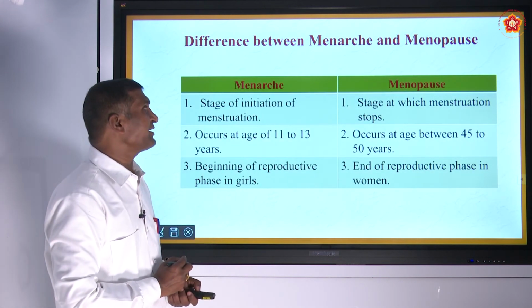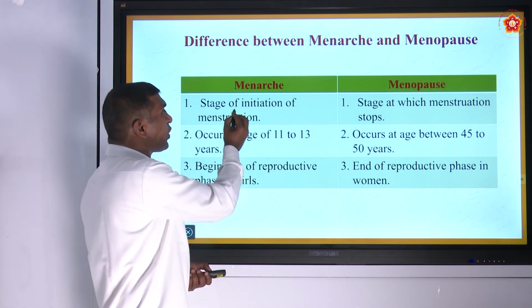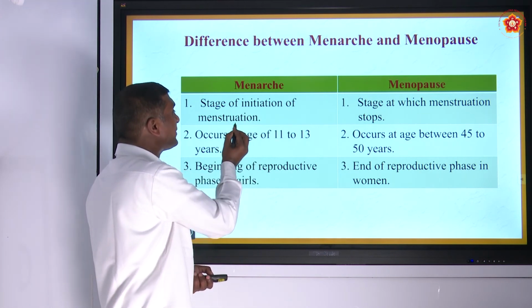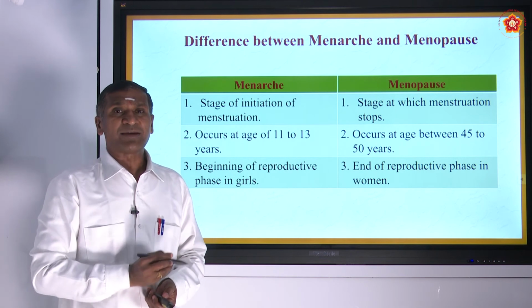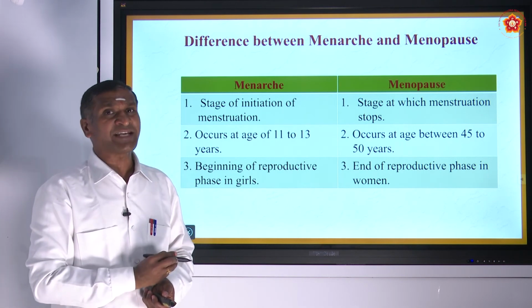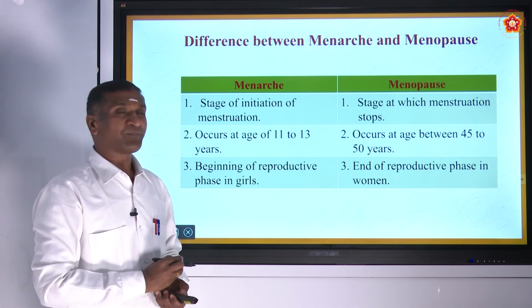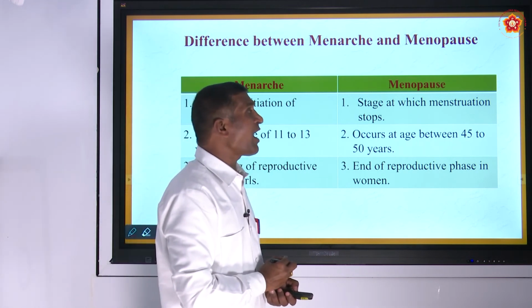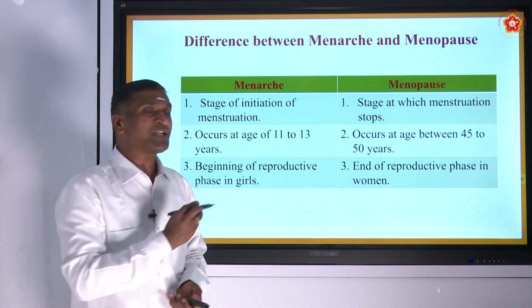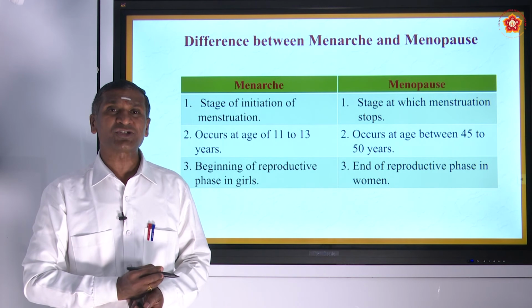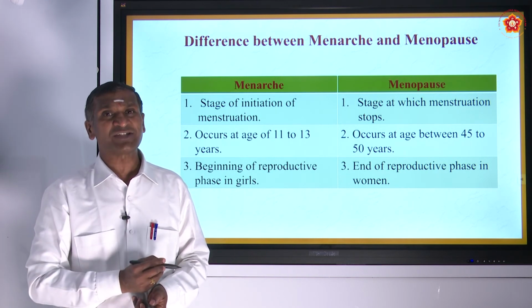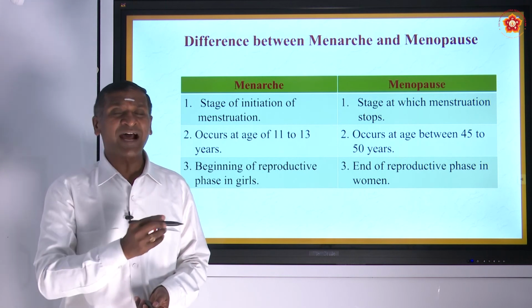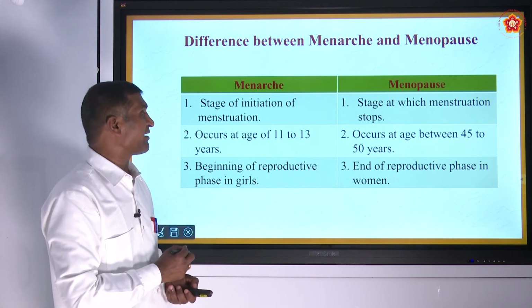Menarche is the stage of initiation of menstruation. The menstruation starting stage is menarche. Menopause is the stage at which menstruation stops. So the stopping of menstruation is menopause, the starting of menstruation is menarche.